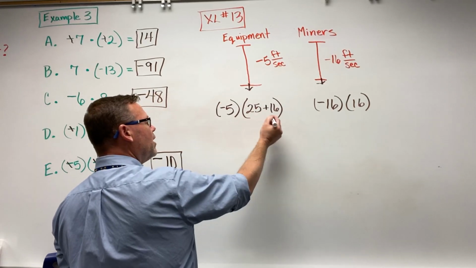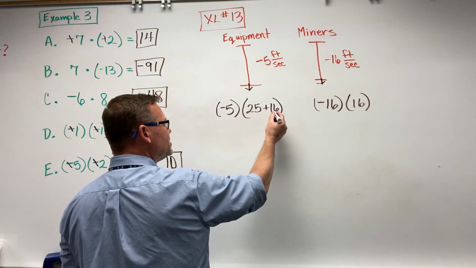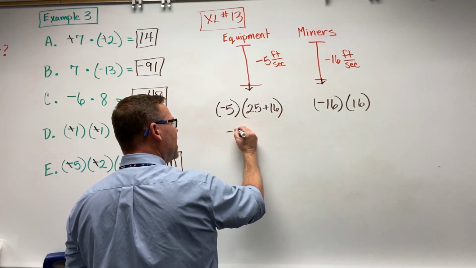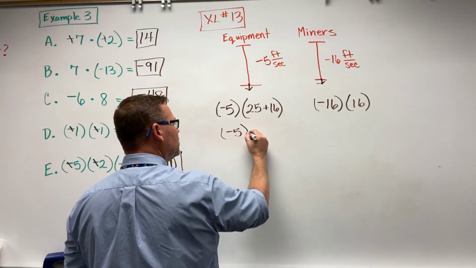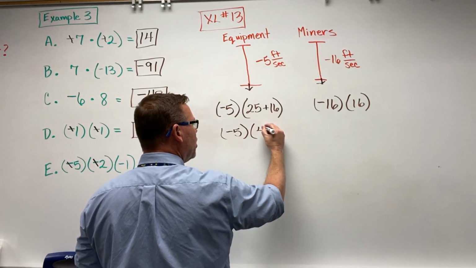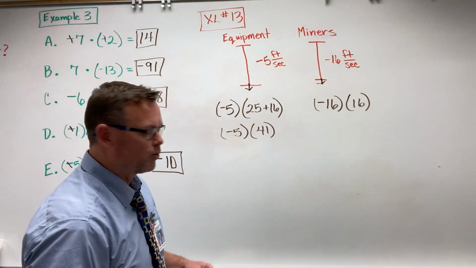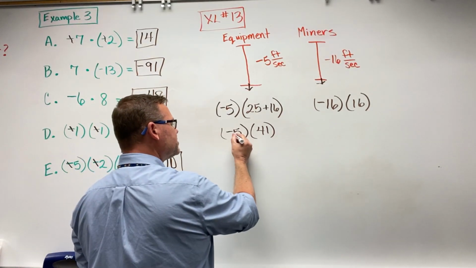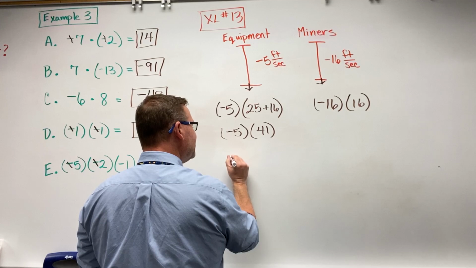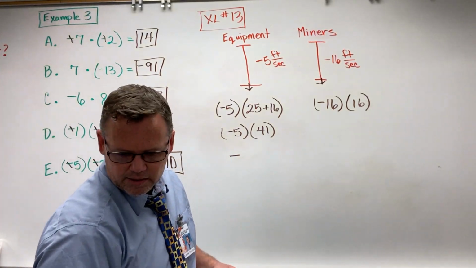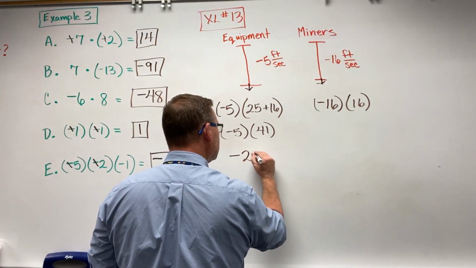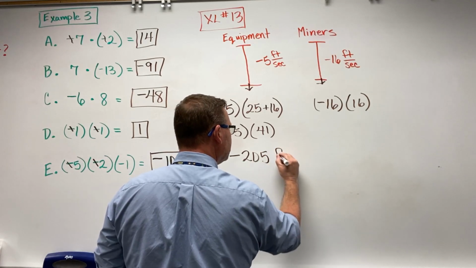Okay, now here I realize, because I'm doing this, this is going to be a -5 multiplied by 41. So I have one additional step here to be able to show you guys all the work, right? So I realize it's a negative multiplied by a positive. That's a negative, okay? And that's going to be 205 feet.